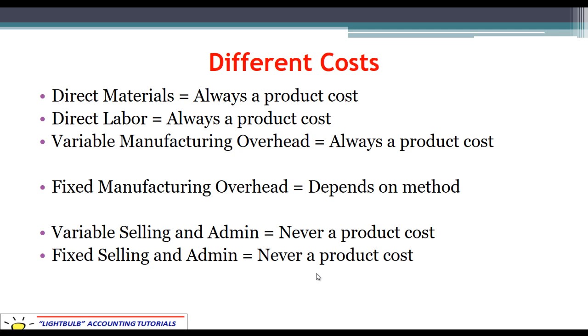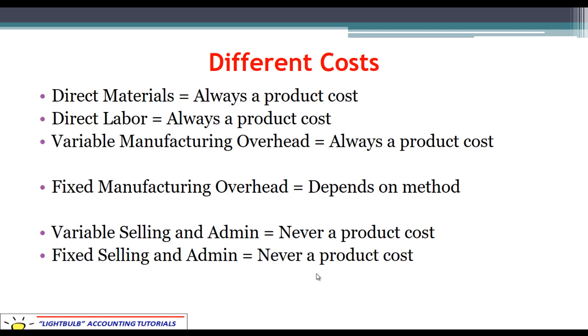Now, fixed manufacturing overhead is going to be the different factor. This one depends on the method. Under the absorption costing method, what we're saying is we're assuming that every unit that comes through absorbs a piece of that fixed manufacturing overhead. Now the reason for that is that you can't build any products unless you have that fixed manufacturing overhead. That's basically your capacity, your machinery, your buildings, all of those fixed costs.